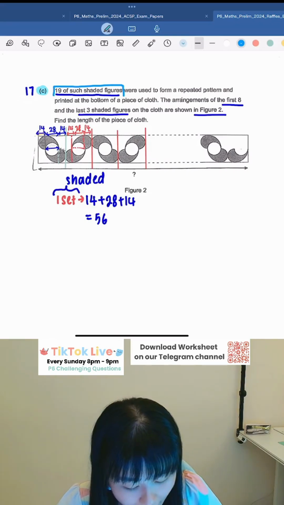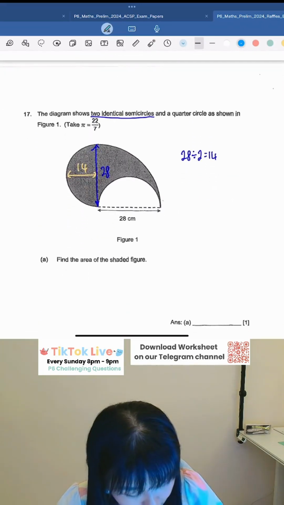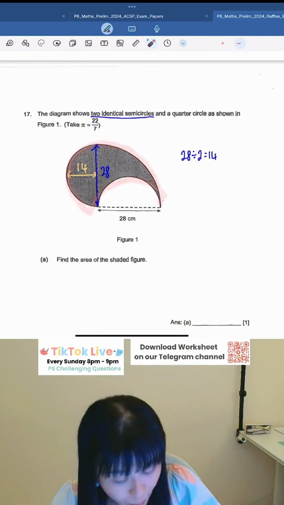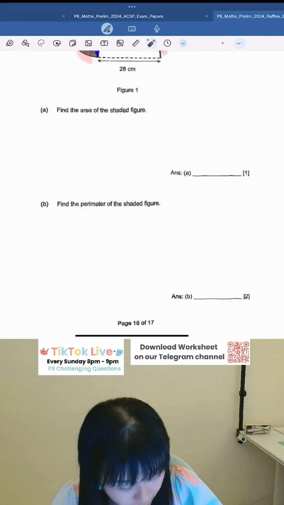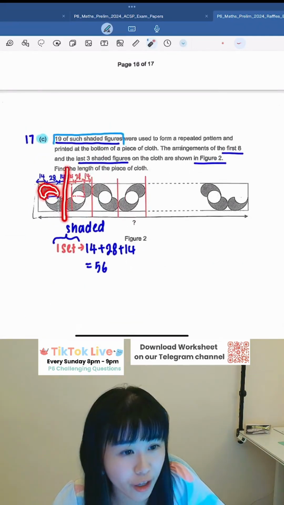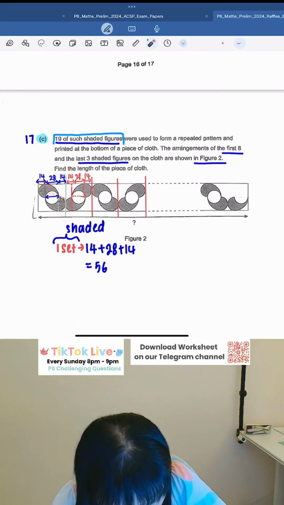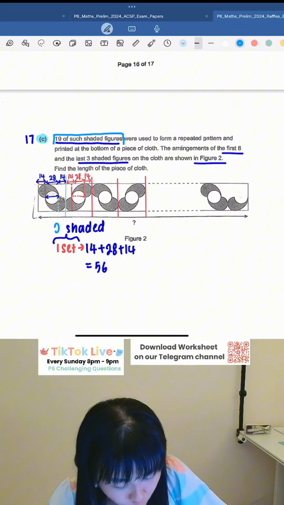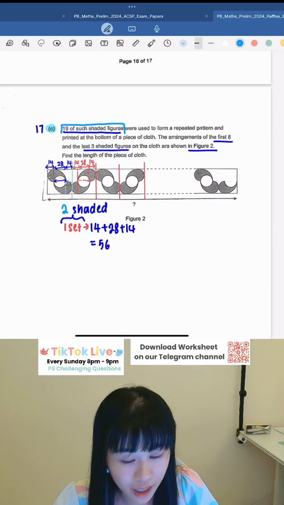When they talk about the shaded figure, they are referring back to this shape, like that one. So how many of this shape do you have in your one set here? Yes, it's 2, because one shaded here and another shaded here, right? So in your one set, you have 2 shaded figures.